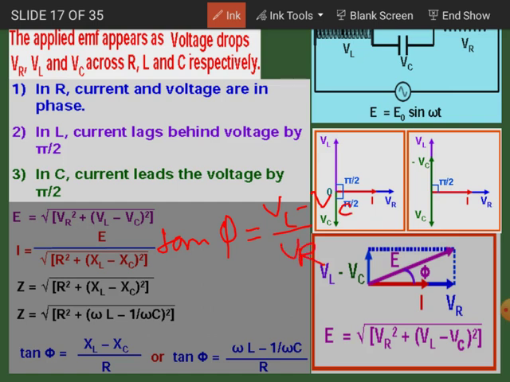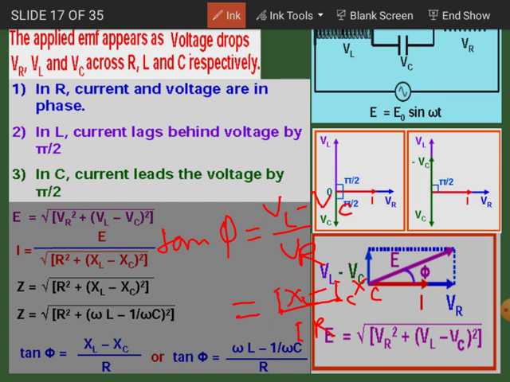Instead of this, you can write it in terms of reactance and resistor. VL will be I times XL, VR will be I times R, and VC will be I times XC.